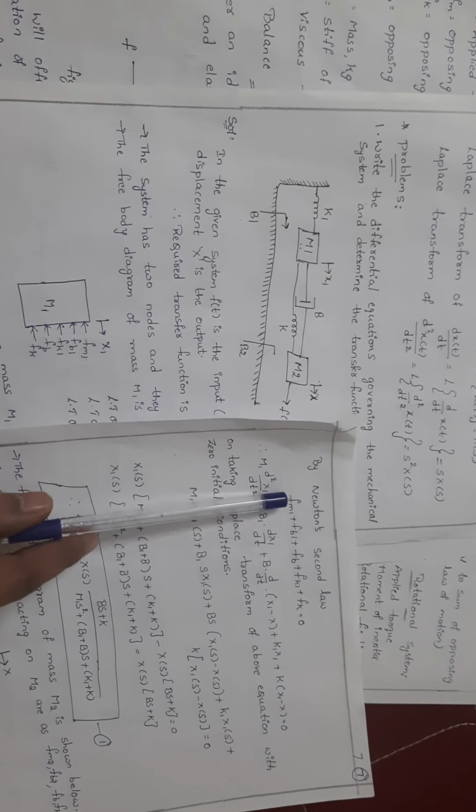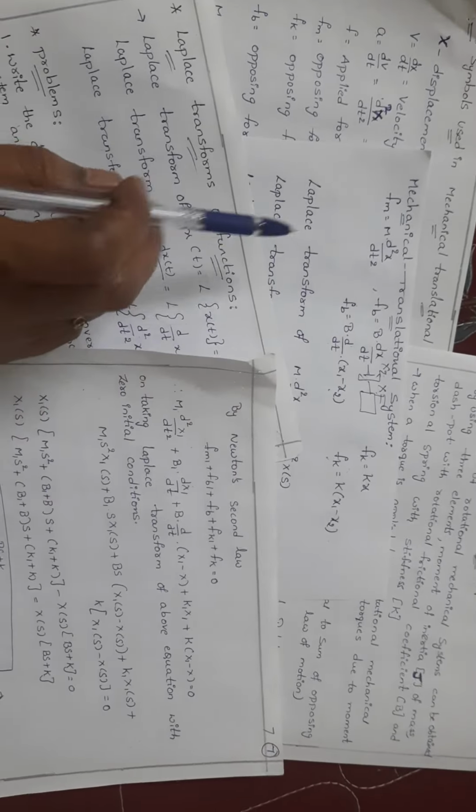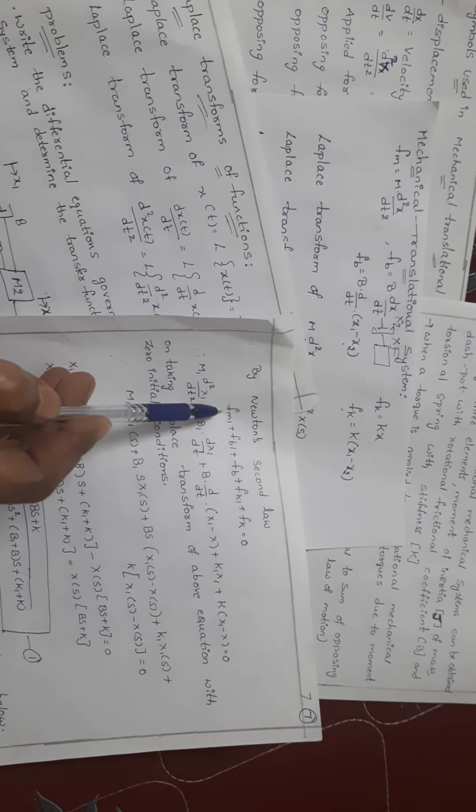Now start writing the formulas. What is the formula for m1? What we learned for m, fm, is M into d square x by dt square. As it is m1, in the problem itself he gave m1.